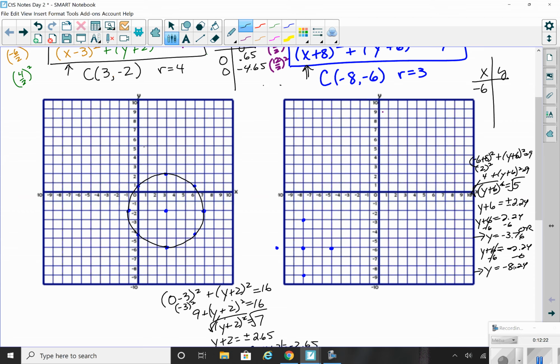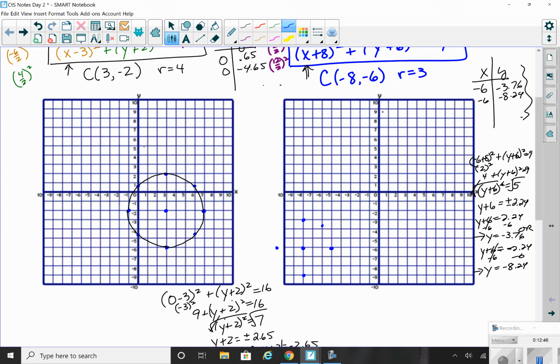So notice how we get 2 very unique or different values. So if I plug in negative 6 for x, I'm going to get negative 3.76, or I'm going to get negative 8.24. These are my additional points on the circle. So as I plot those, negative 6, go to the left 6, and then down 3.76. 1, 2, 3.76.